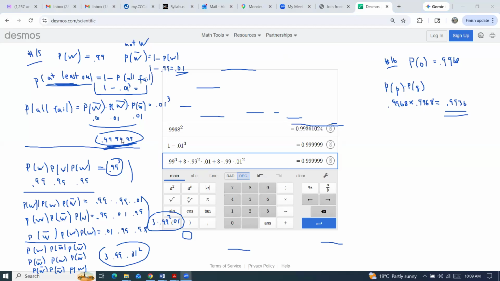So to me, it doesn't matter. As long as you do it right, perfect. But I will definitely show you how to do it with the complement. And that's what the textbook also does. And that's the way to go.